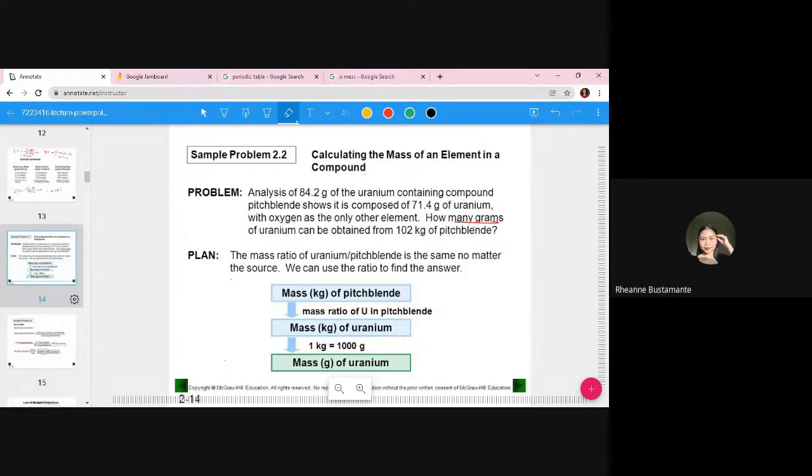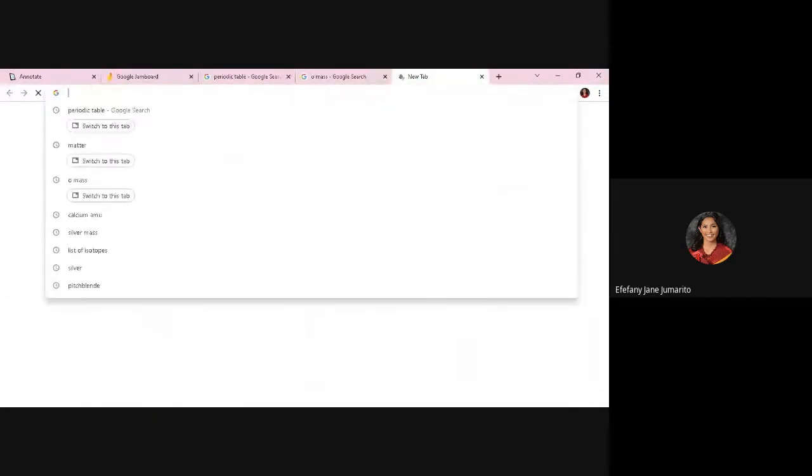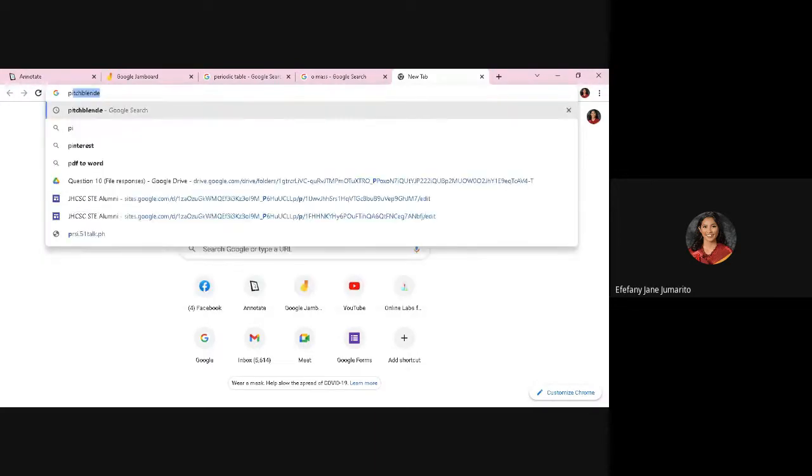How many grams of uranium can be obtained from 102 kilograms of pitch blend? Okay, so we have the analysis. So inigabot ninyo sa inyong analchem, it focuses on the analysis of substances. Pila ka percent ang calcium, pila ka percent ang iron.